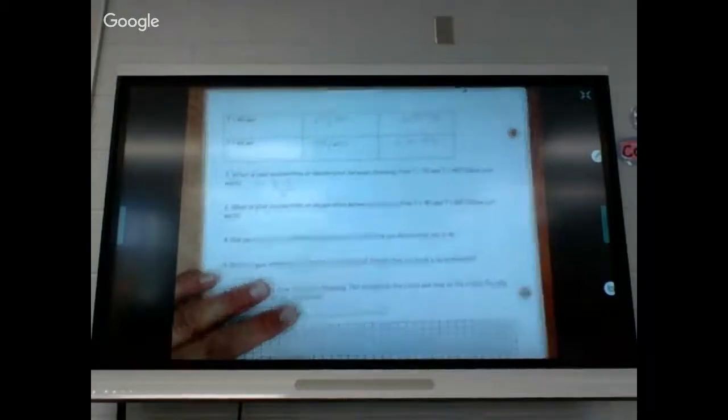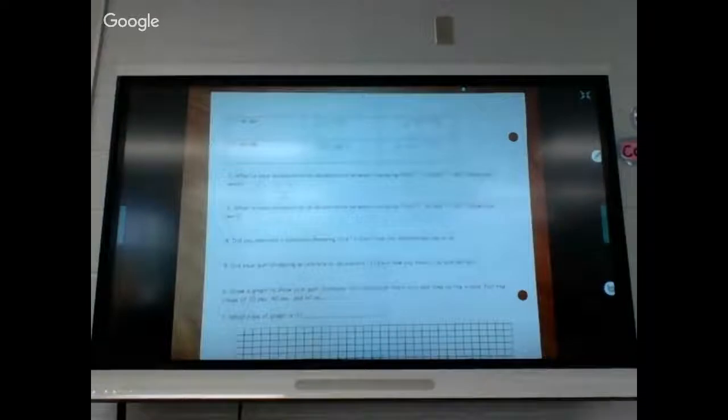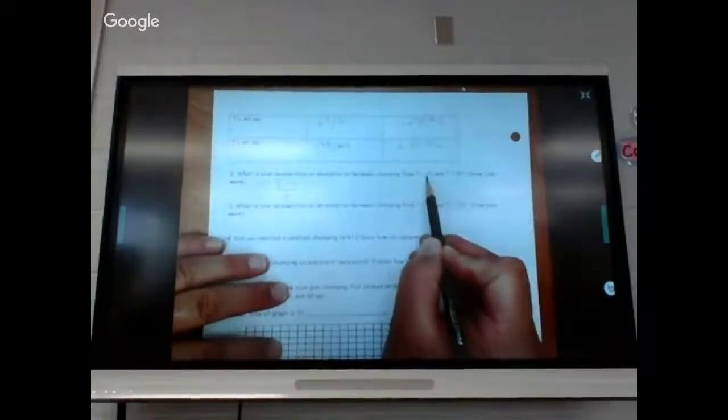Now, everybody's got to pay attention to this and find your own data, because you're all going to have your own.